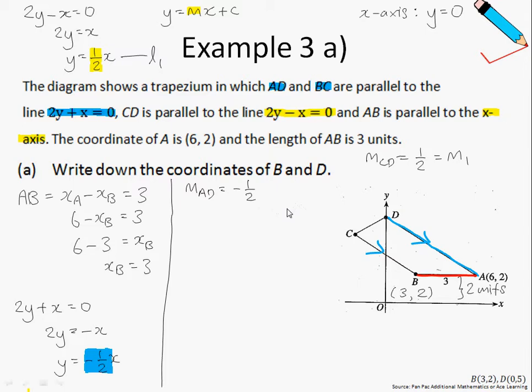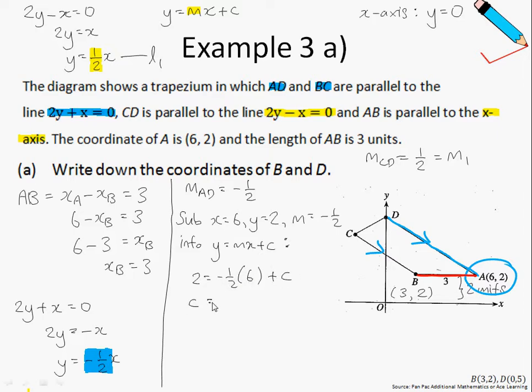By substituting point A and the gradient into our general equation for any straight line, so substituting x equals 6, y equals 2, and m equals negative half into y equals mx plus c, we have 2 equals negative half times 6 plus c.